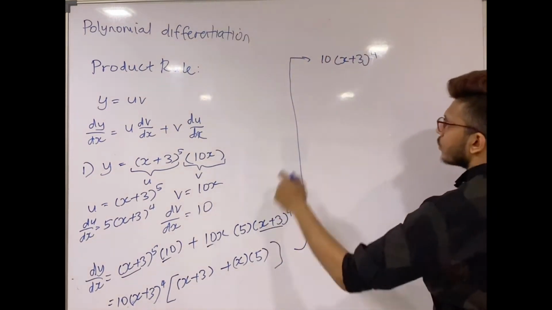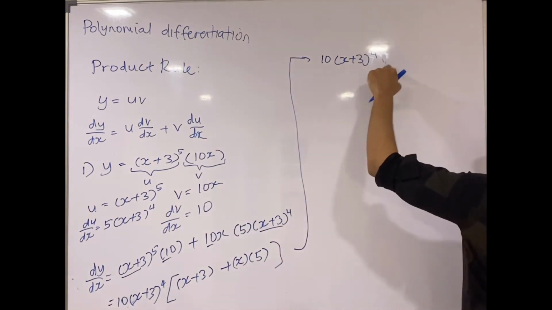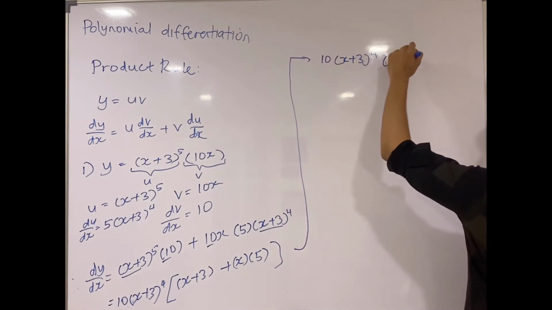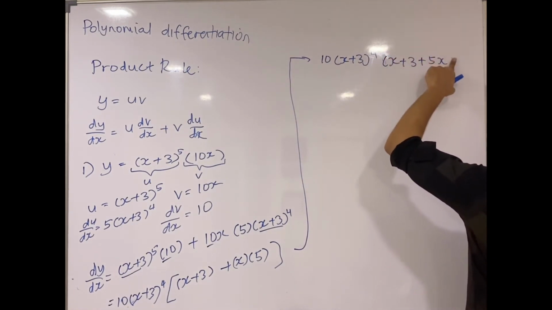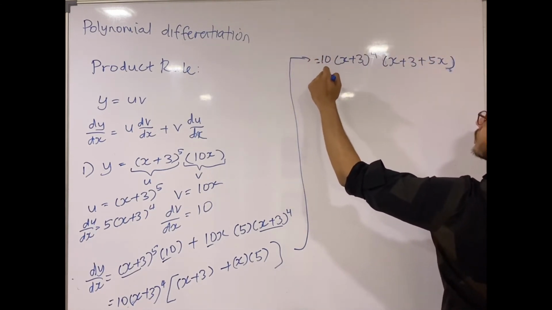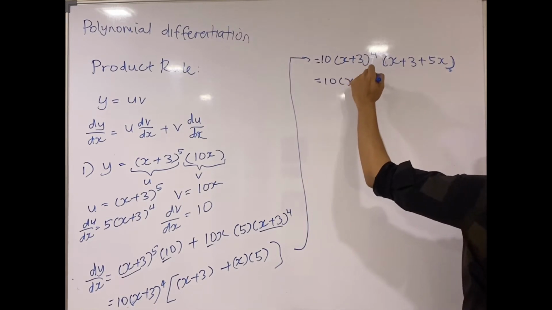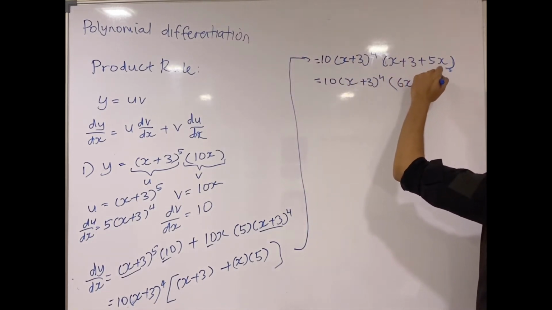Okay, so inside the bracket, you're going to have x plus x plus 5x, 6x plus 3.